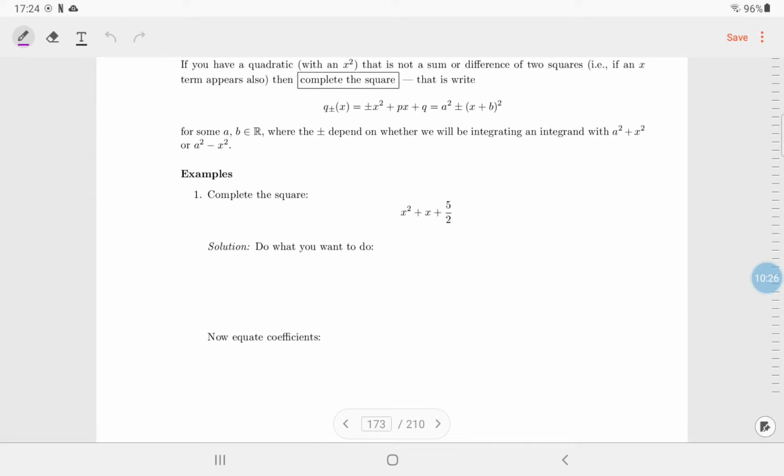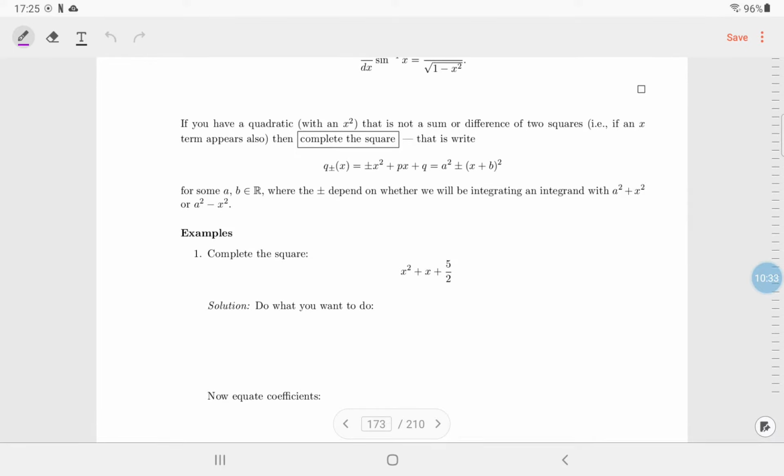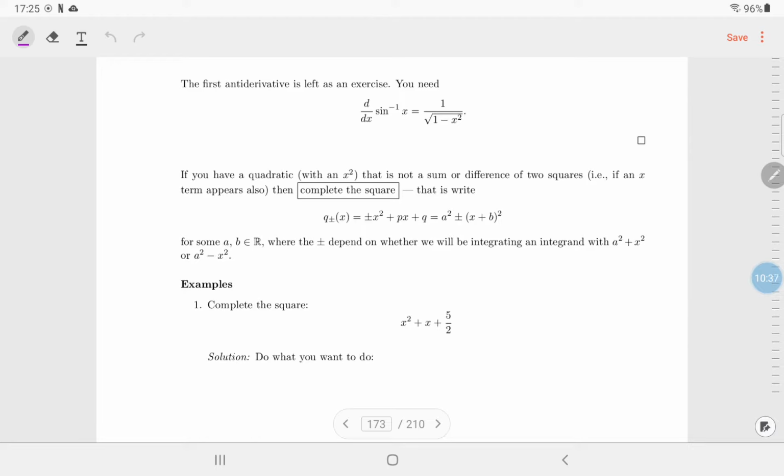Okay, so how does it work? There are two types, and it's kind of explained here, depending on whether you have a plus x squared or a minus x squared. If it's plus x squared, you go for a squared plus (x plus b) squared.